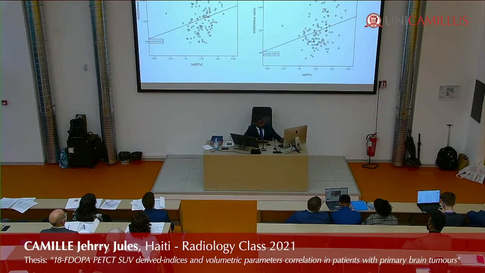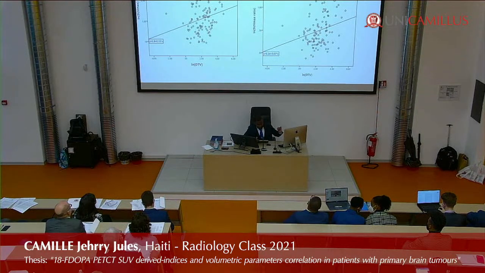where SUVmax is positively correlated with dopaminergic tumor volume, with a beta equal to 0.42 and P equal to 0.007.